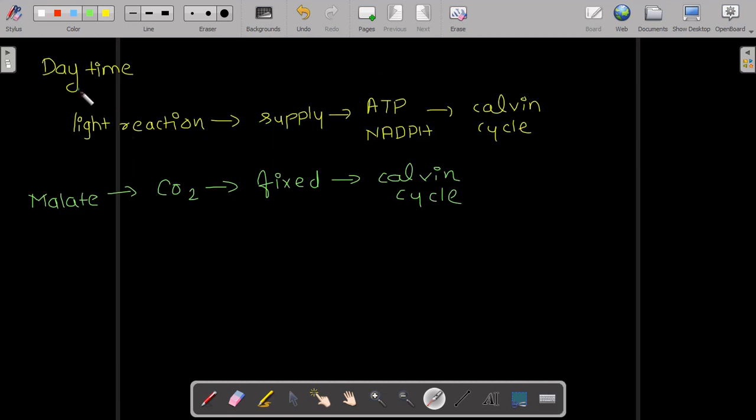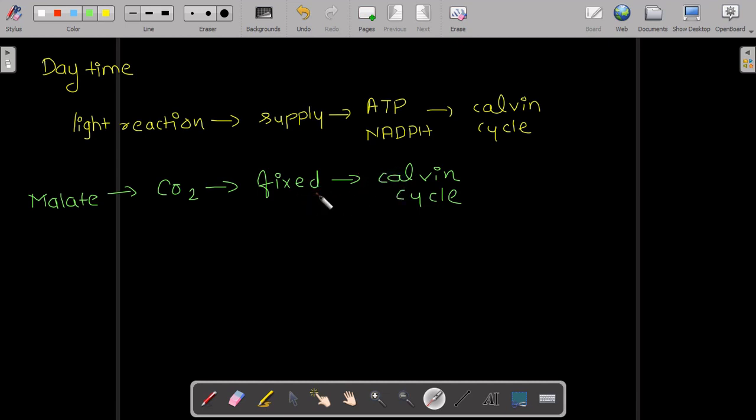Now during daytime, when the light reaction can supply ATP and NADPH to the Calvin cycle, the malate releases carbon dioxide, and this carbon dioxide enters the Calvin cycle and is fixed.